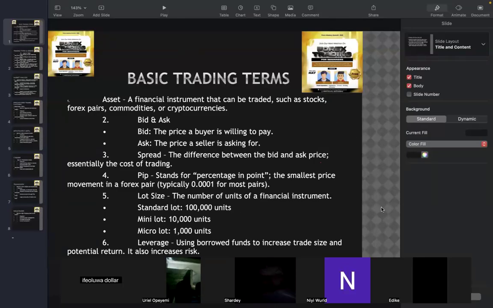So here we are, starting with basic trading terminologies. What I will explain here are the terminologies, the things you'll be hearing. Probably someone says it beside you.